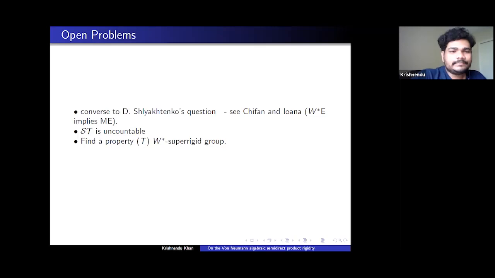And then it would be really nice to find a property T W-star superrigid group, which we are working on right now. And then prove or disprove Kahn's conjecture. Here the term disprove is because we could not recover the core in our main theorem, as we can see.